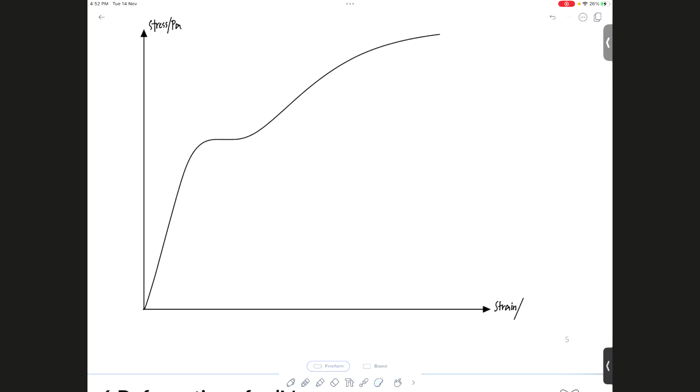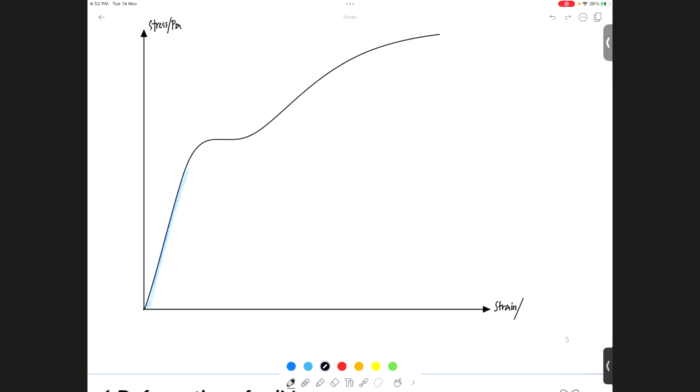If you look at this graph, I want you to tell me what's going on here. This early stage that I'm highlighting right now: is the line straight or curved? Straight, right? So it means stress and strain are directly proportional to each other. There is a point on this line till which the graph is a straight line.